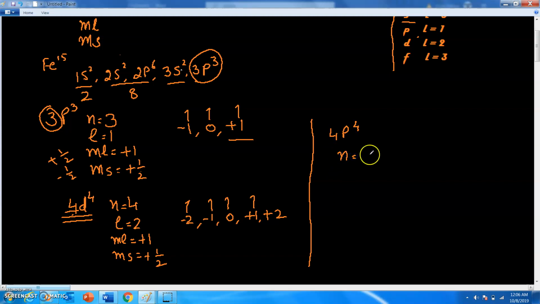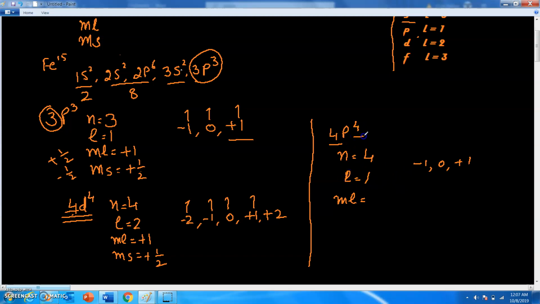Again n is equal to 4 and L is equal to 1 for P. And ML, in the same way as I have written over here, is -1, 0 and +1 for L is equal to 1.